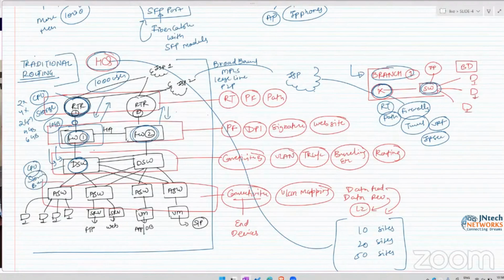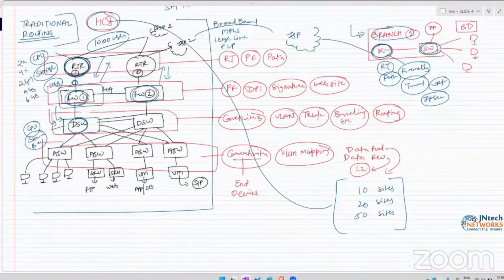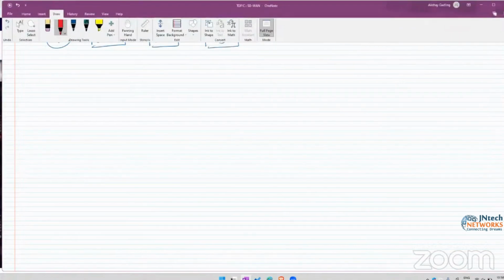Clear? So in traditional routing, if you are using a router, a switch, a firewall, or a load balancer, those devices have some planes.